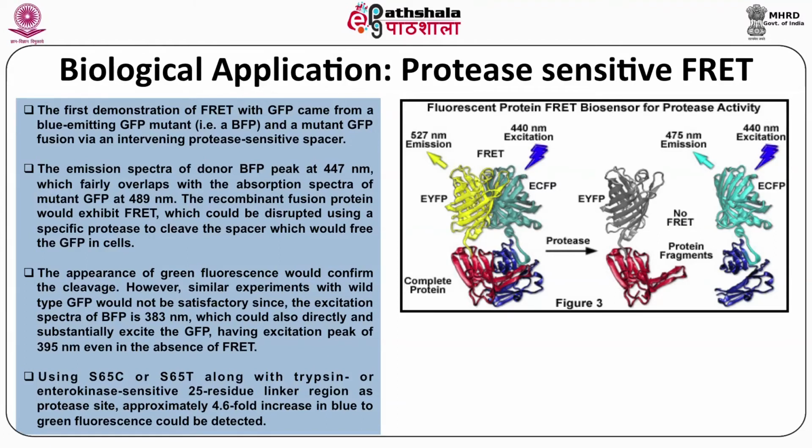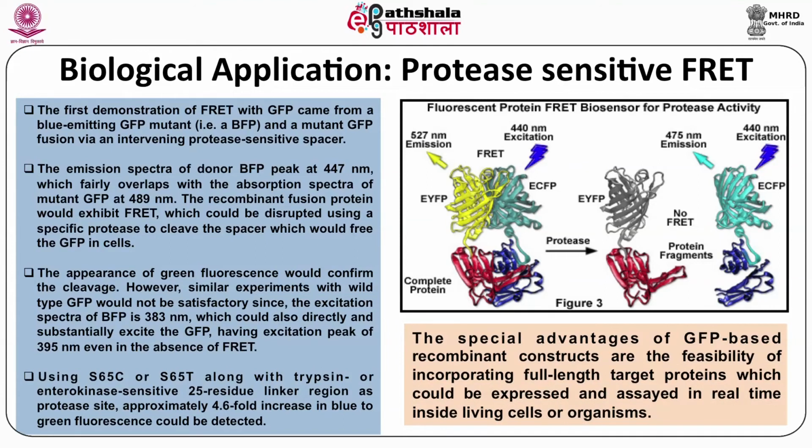Using S65C or S65T along with a trypsin or enterokinase sensitive 25 residue linker region as a protease site, approximately 4.6 fold increase in blue to green fluorescence could be detected. The special advantage of green fluorescent protein based recombinant constructs is the feasibility of incorporating full length target protein, which could be expressed and assayed in real time inside living cells or organisms.